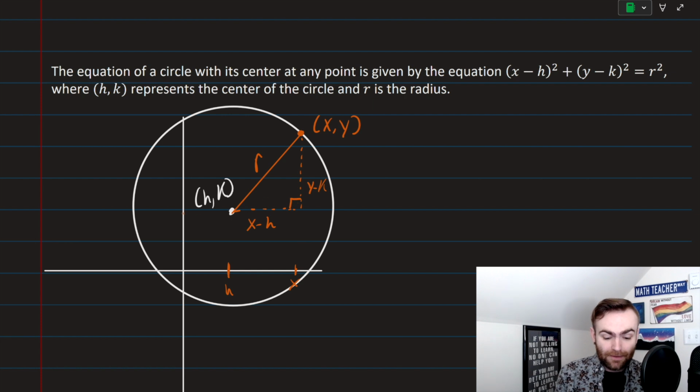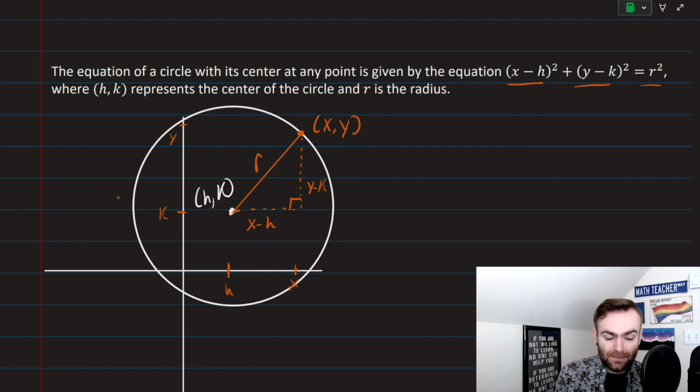We can do the same thing for y. If this is k and this is y, the distance would be y minus k. And this r is going to stay exactly the same. So that is where we get this equation from, and that's why it's subtraction as well. We are subtracting those distances.